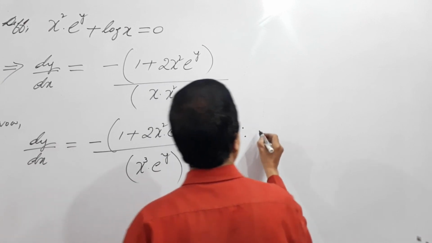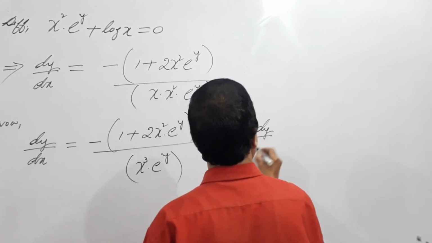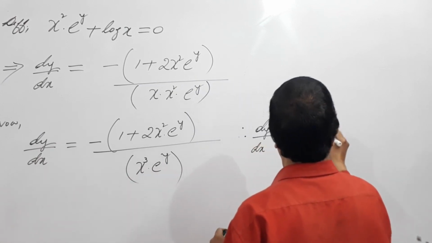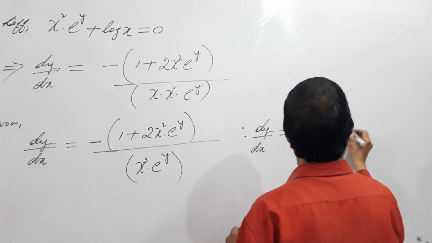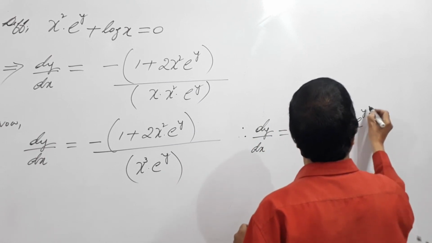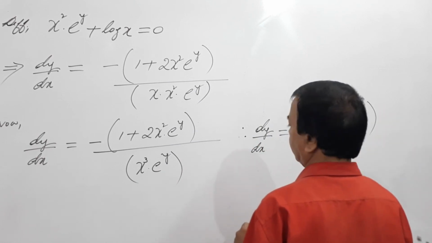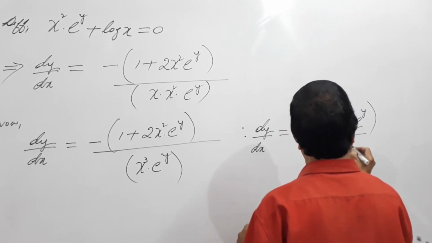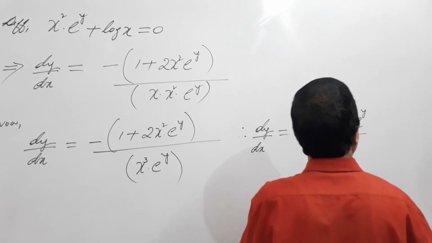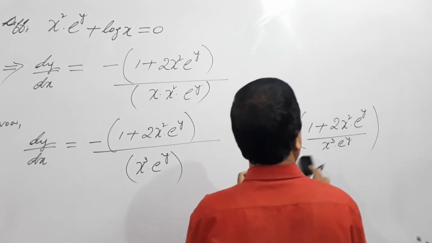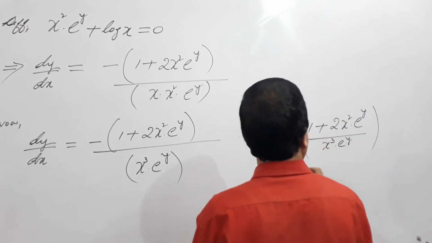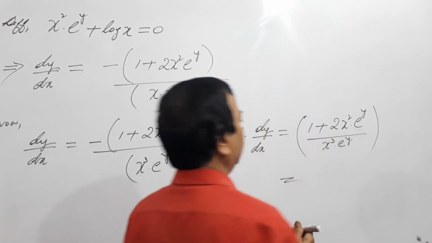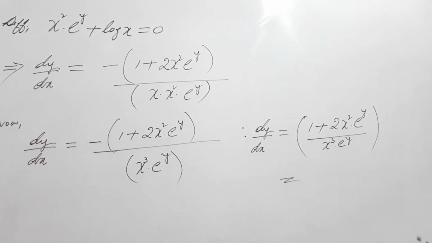Therefore, dy by dx equals 1 plus 2x square e to the power of y divided by x cube into e to the power of y. I will write little. This is the final answer.